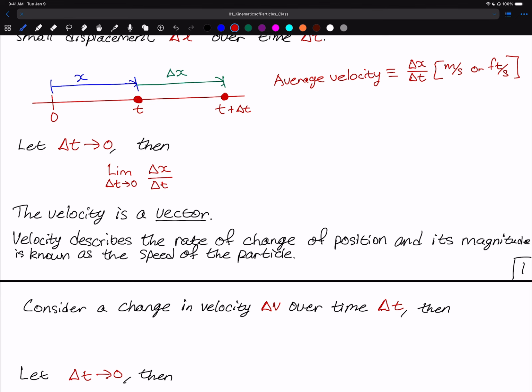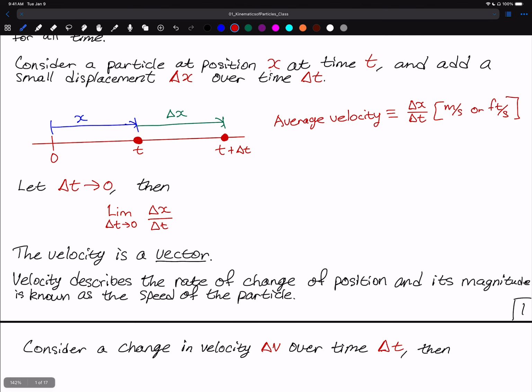And one thing we forgot to add, because x has a direction associated with it, it should actually be a vector. And in this class, I'm going to use underlines to represent vector quantities. I won't be using an arrow over the top, but you are free to use that if that's what you'd like to do. Again, I'm going to use an underline here to represent vector quantities. So this delta x is actually a vector quantity.